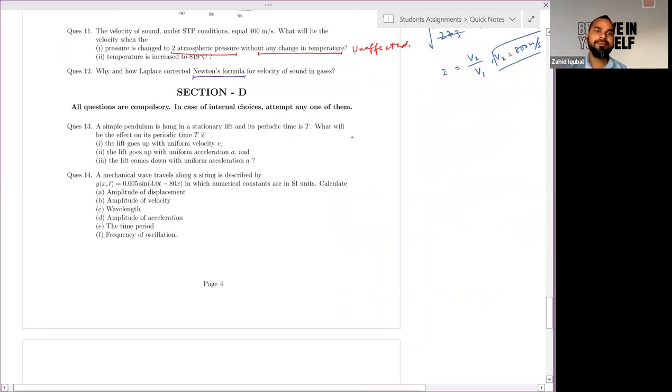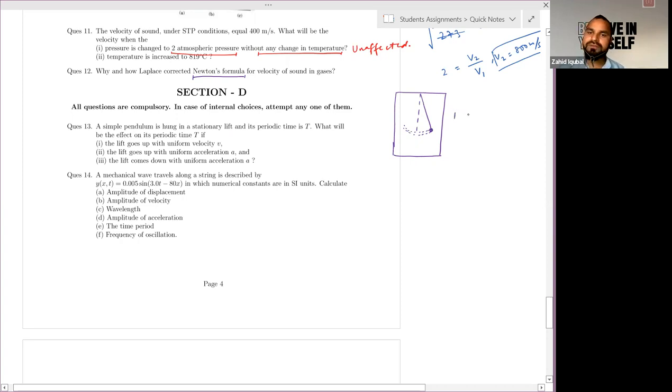Question number 13. A simple pendulum is hung in a stationary lift and its time period is T. Suppose you have a stationary lift like this, and a simple pendulum is oscillating to and fro like this.